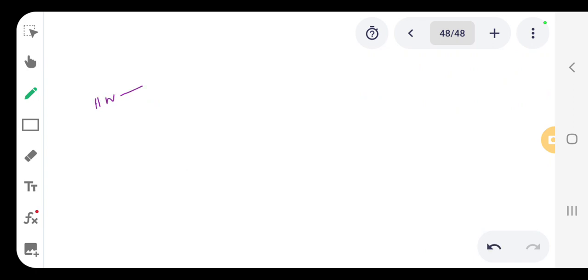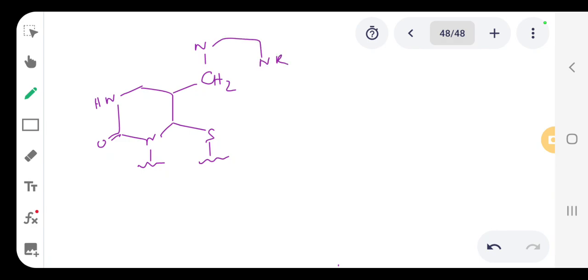The NH, so this CH2 is the CH2 with which it will attach to the coenzyme, NHR, blah blah. I am not drawing this.